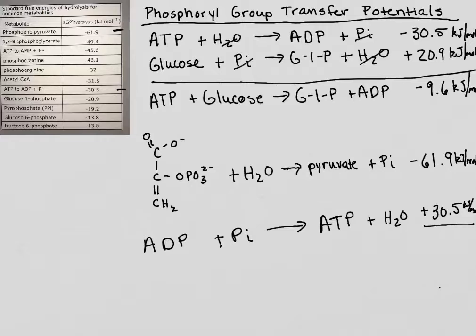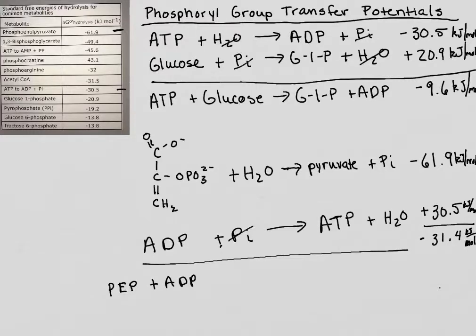This is huge. So we're able to release a whopping 31.4 kilojoules per mole in this highly exergonic phosphoryl group transfer. We'll write the net reaction there as well, so we'll be a little more simplistic here. PEP plus ADP is going to yield ATP plus pyruvate.